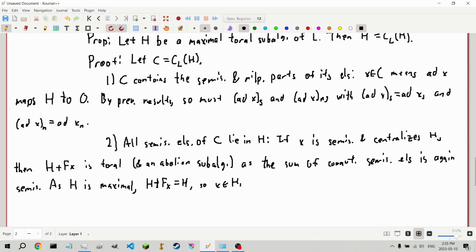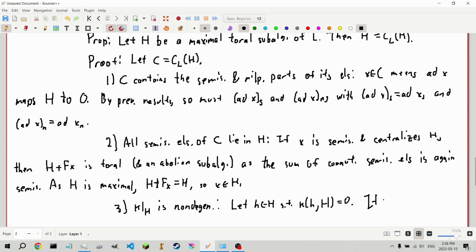Part 3 states that the restriction of the Killing form to H is non-degenerate. We pick an element H in H such that the Killing form of the element H with all of the subalgebra is 0. Now we want, of course, that H is 0.